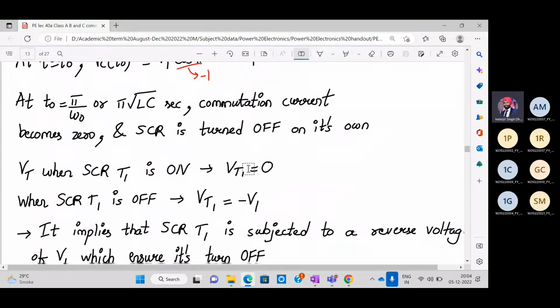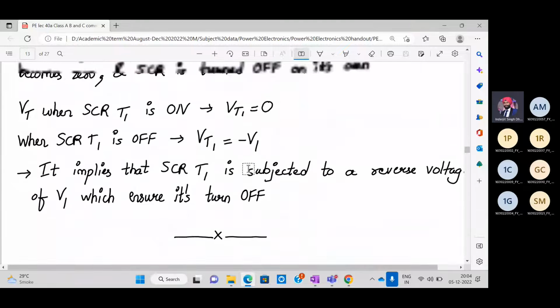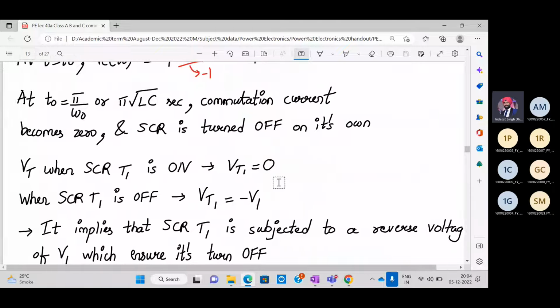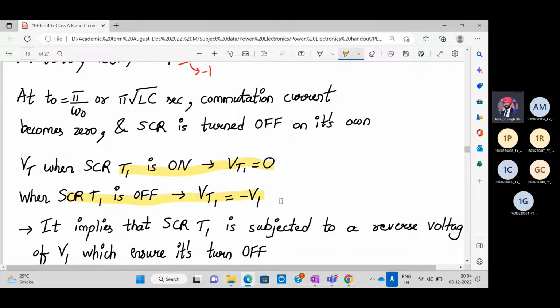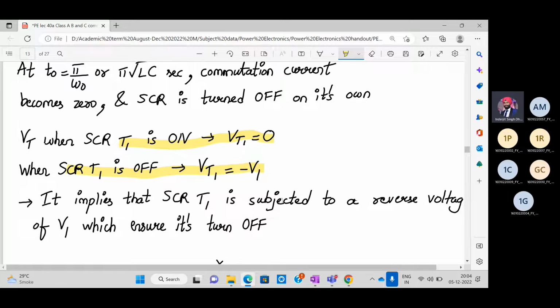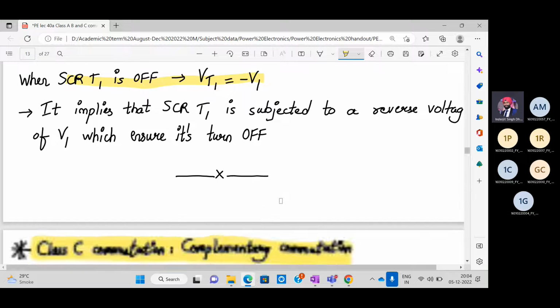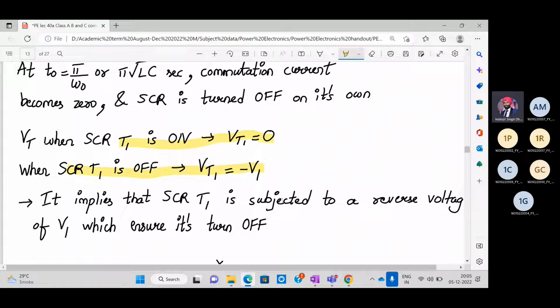So here are some observations. You all can go through them. I have already told you that when the SCR is on, the voltage across the SCR is zero, and when the SCR is off, the voltage across the SCR is minus V1. This minus V1 is the negative voltage which makes sure that the SCR is subjected to a reverse voltage of V1, which will ensure its turn off.